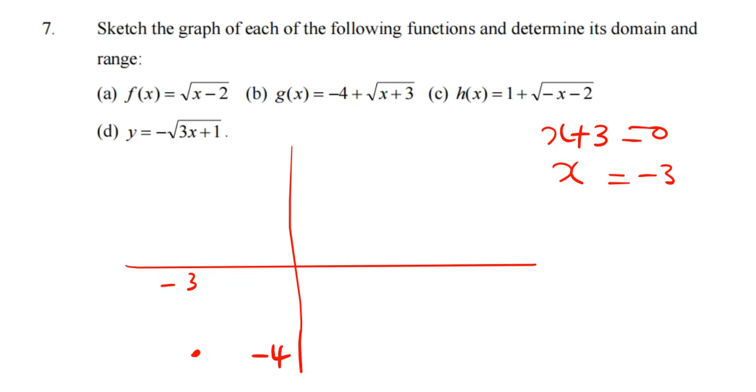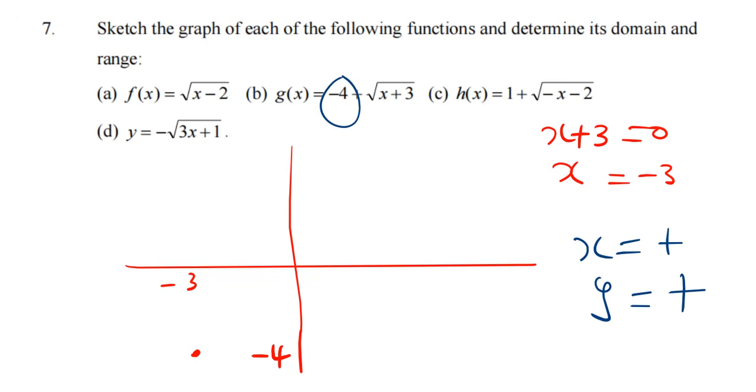Then the question will be, where are we going? You have to look at the value of the whole function and the value of x. Here inside the root, x is positive. Then the value of the whole function is also positive.